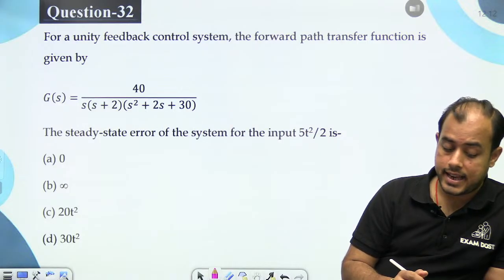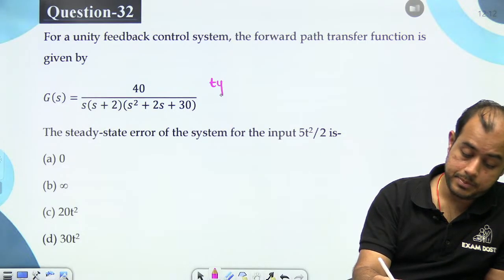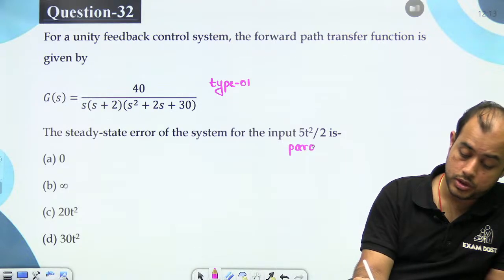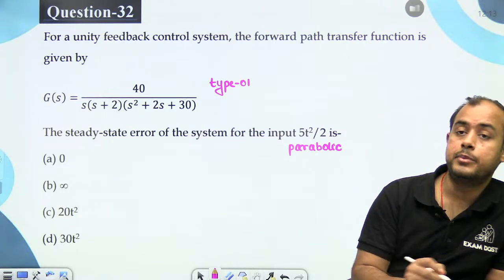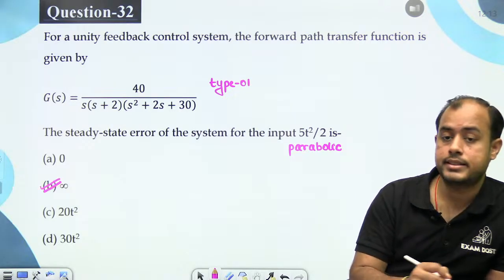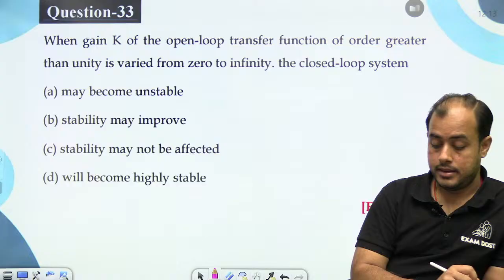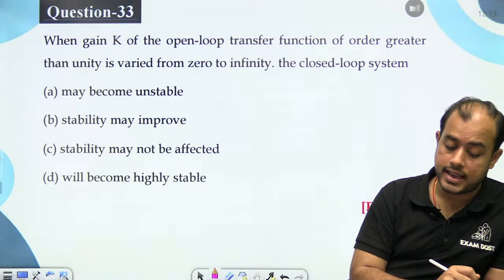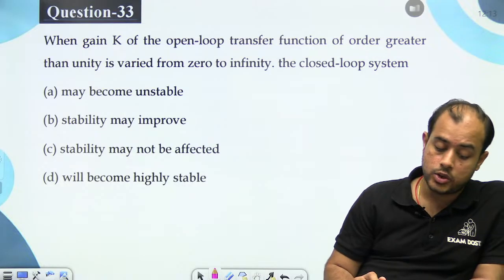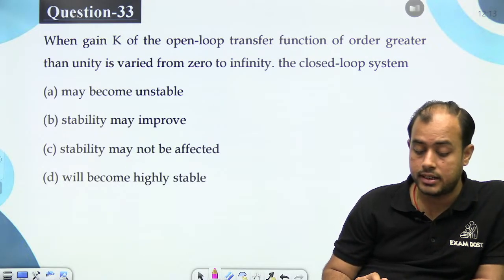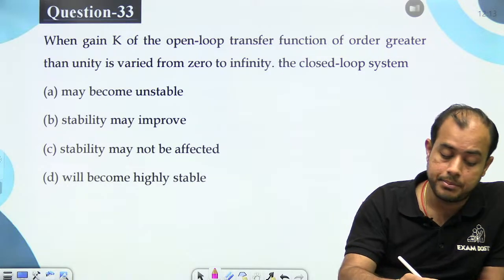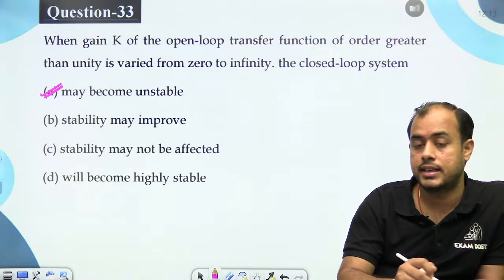Steady state error: this is a type 1 system, this is a parabolic input, so order of input is greater than the type. ESE 2016, error is infinite. ESE 2016, when the K of the open loop transfer function of order greater than 1 is varied from 0 to infinity, the closed loop system may become unstable. ठीक है.